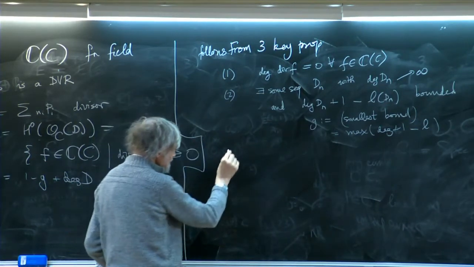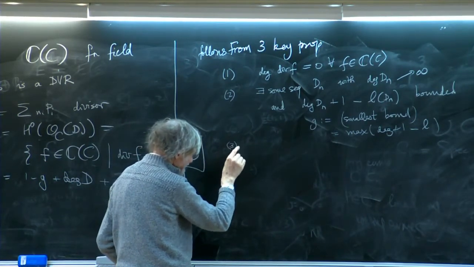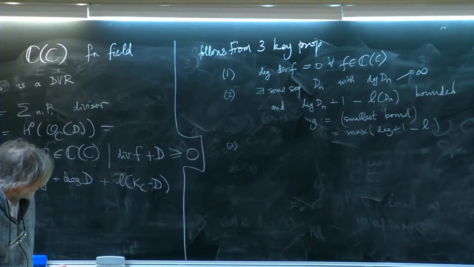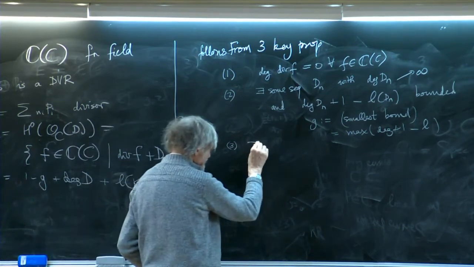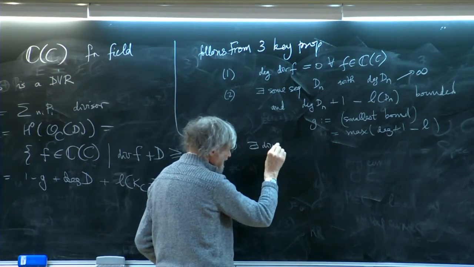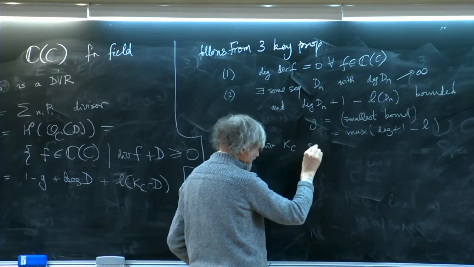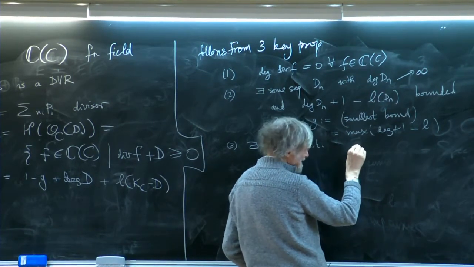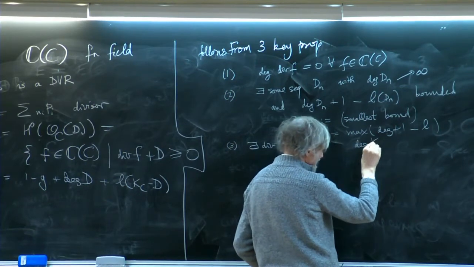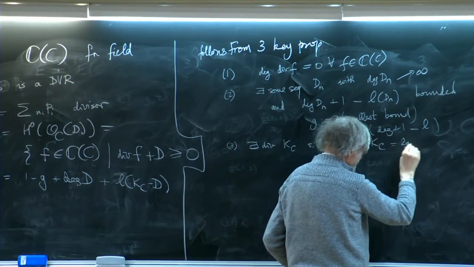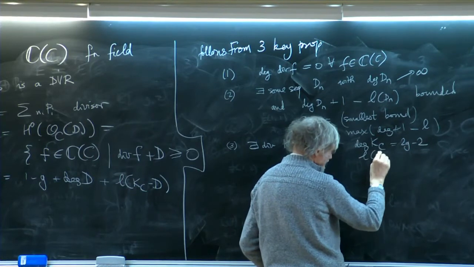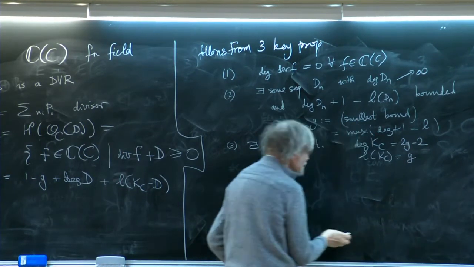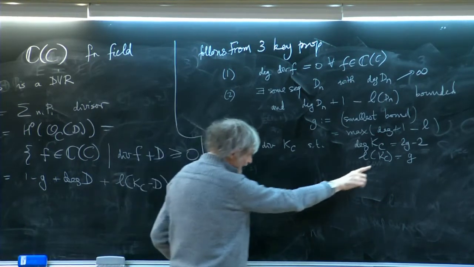3, and this is the really key point, the really difficult point that's not at all obvious: there exists a divisor K_C such that the degree of K_C is 2g minus 2, and L(K_C) is g.